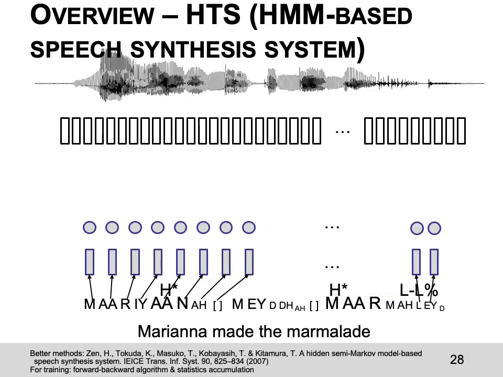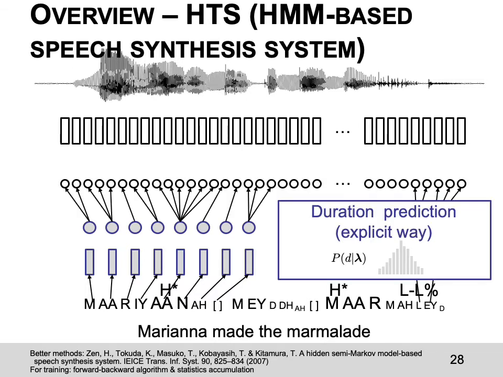After we search and find all the HMM states for each linguistic vector, the next thing is to predict the duration for each HMM state. For example, we repeat the first HMM state 2 times, the second one 3 times. Given this duration information, we can create an HMM sequence like this. The length of this HMM state sequence will be equal to the number of vectors we need to predict in the output.